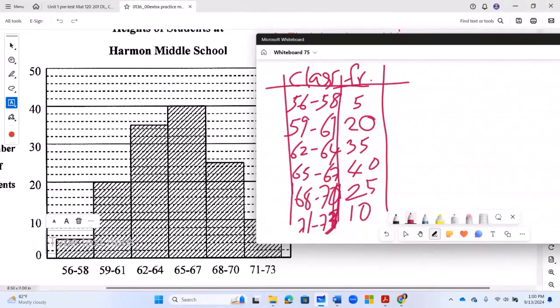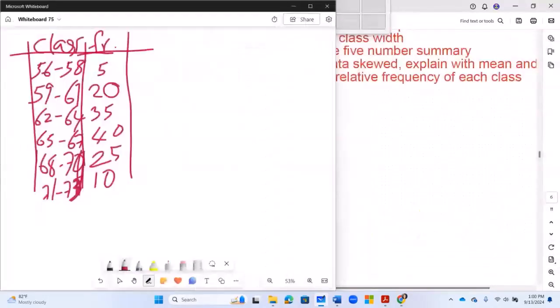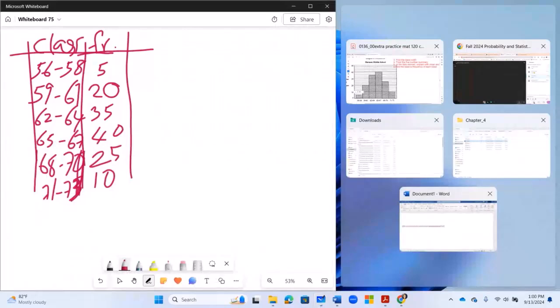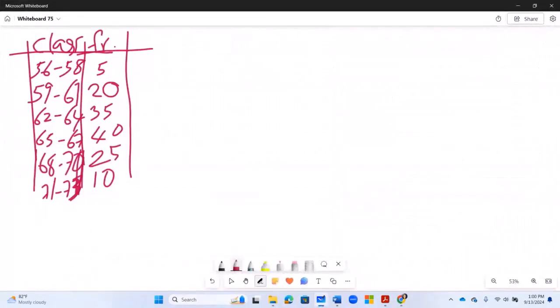So what I have now is a frequency distribution. I just found the frequency distribution from the graph. Now I am told to find the relative frequency. When we finish, we need to find the total frequency, the summation of frequency.